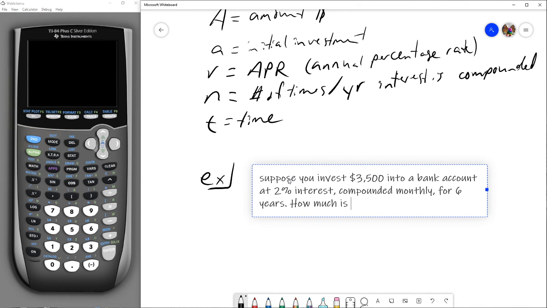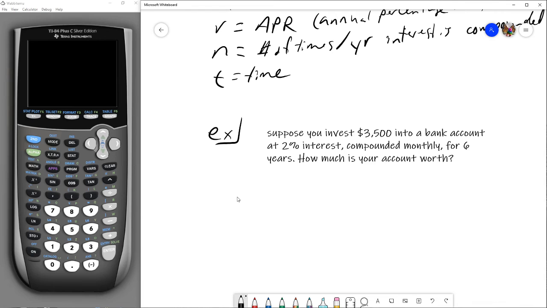How much is your account worth? Alright, so our equation is A is equal to lowercase a, 1 plus r over n, to the nt power.